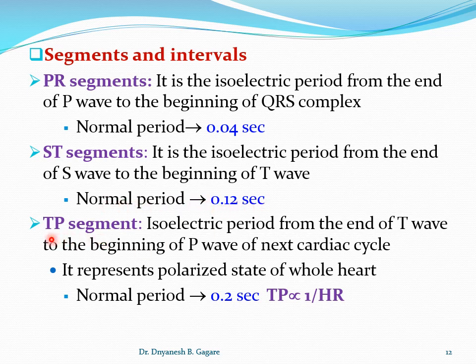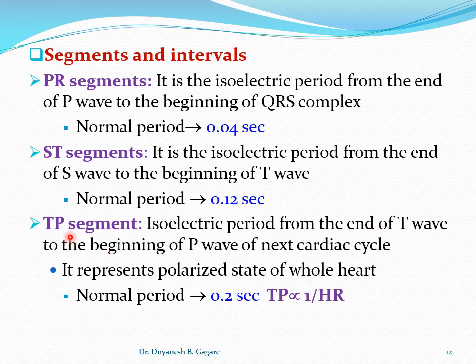Now what is the TP segment? It is the period on the isoelectric line from the end of the T wave to the beginning of the P wave of the next cardiac cycle.